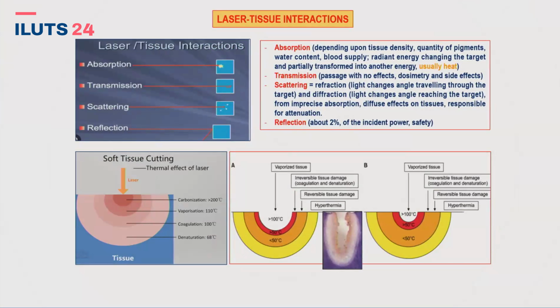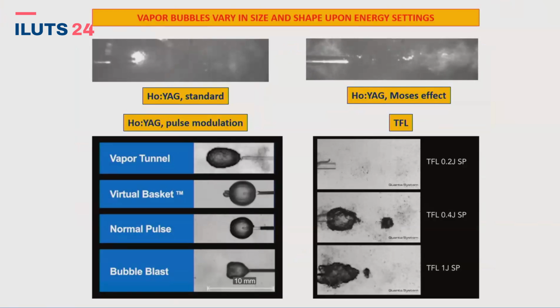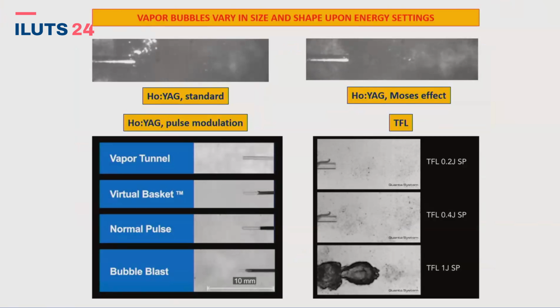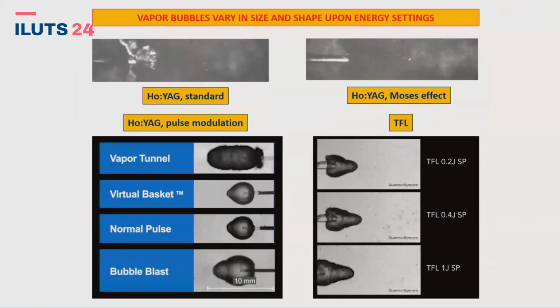If we consider the holmium in the last 4 or 5 years, we have this pulse modulation. The pulse modulation means that you have different kinds of bubble. Look at the Quanta vapor tunnel, virtual basket, and bubble blast, and the Moses is a totally different bubble, with a totally different clinical effect.